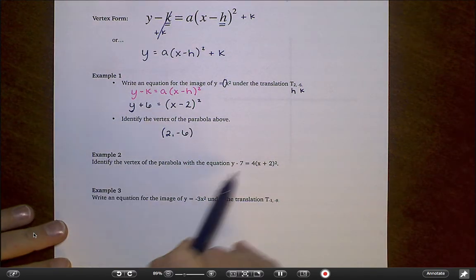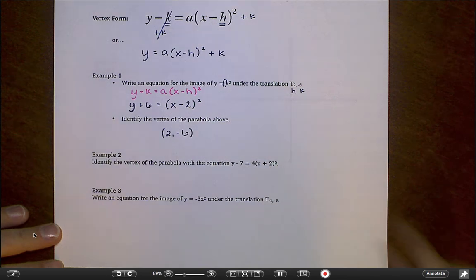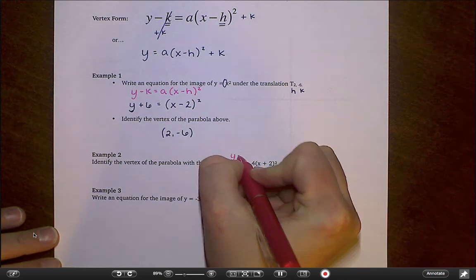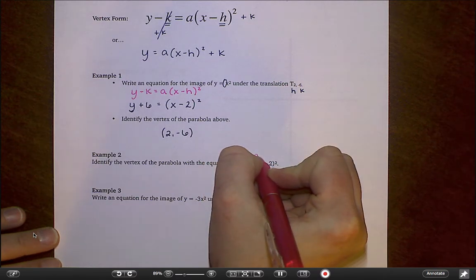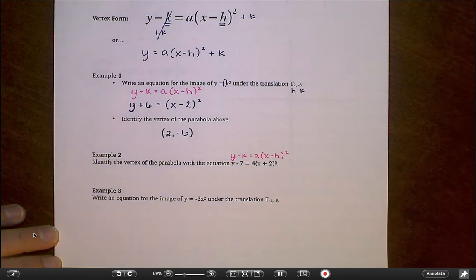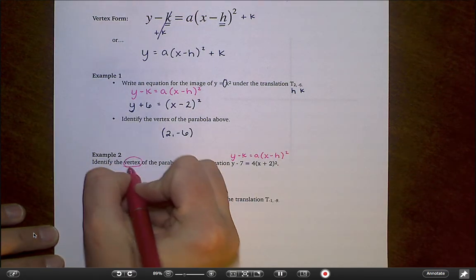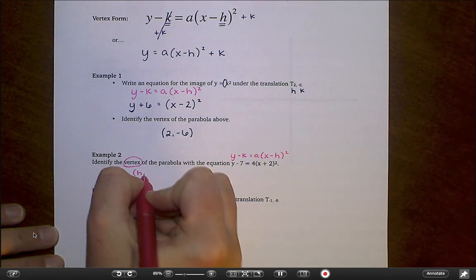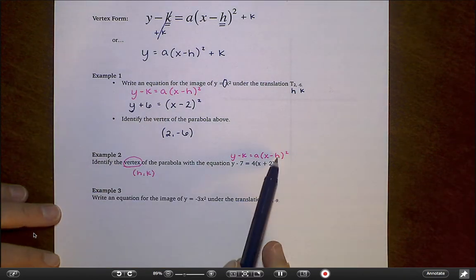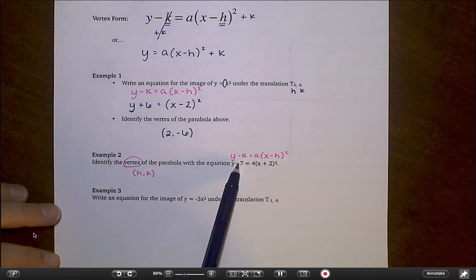Example 2, identify the vertex of this function. I'm going to write vertex form up here again. And I'm going to remind you that the vertex is h, k. So when I ask you to give me the vertex, you identify what h is and you identify what k is.